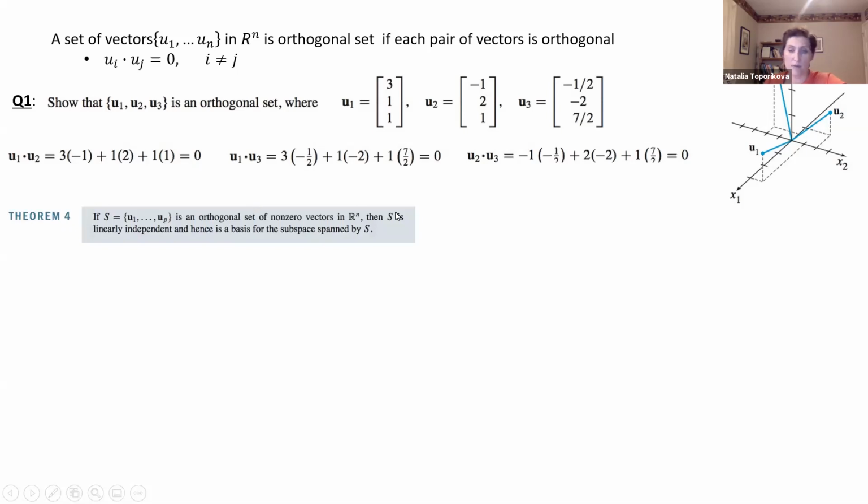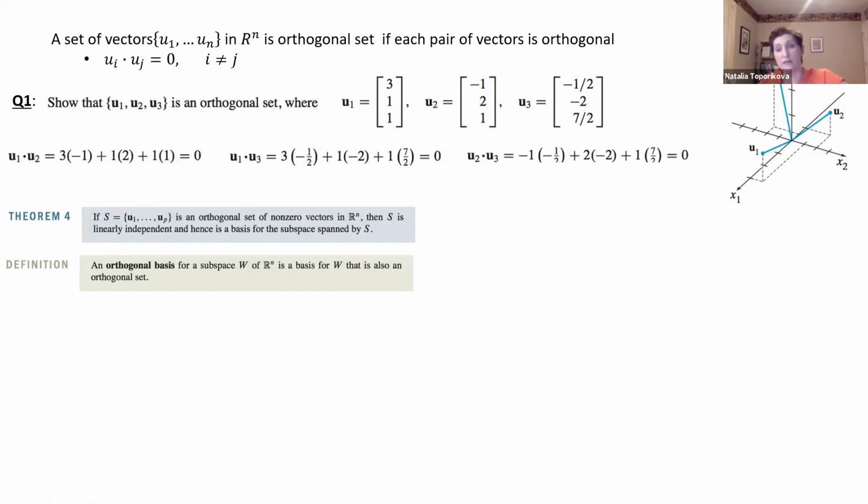And why do we care about orthogonal sets so much? Mostly because they form a linearly independent set and can be used as a basis for any subspace spanned by these vectors. And actually, there is a name for this.